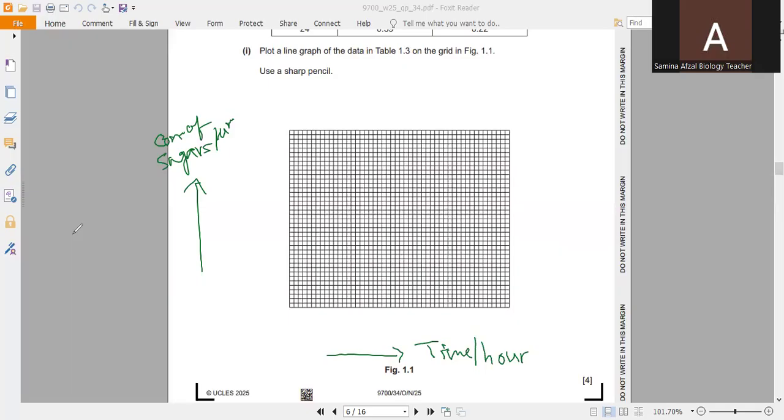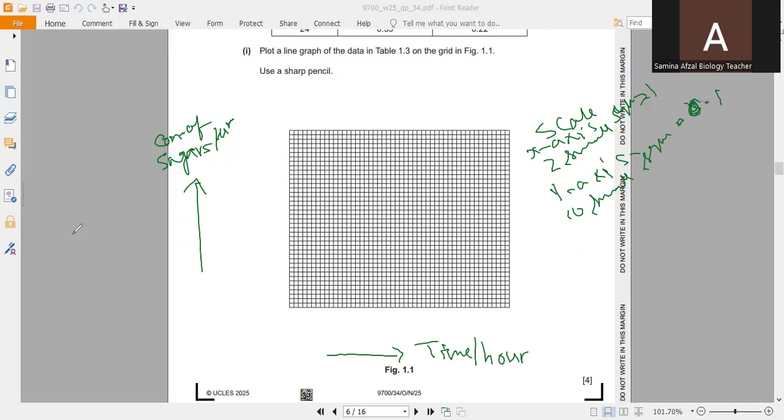So we will do this scale as two small squares equal to 1 on the x-axis, and on the y-axis 10 small squares are equal to 0.1.